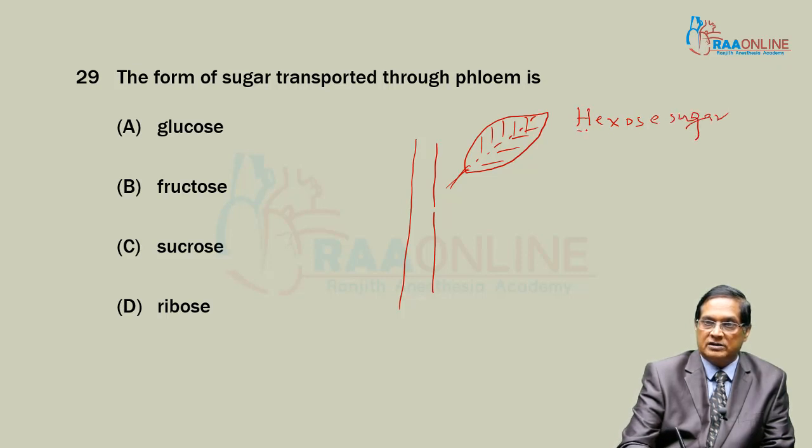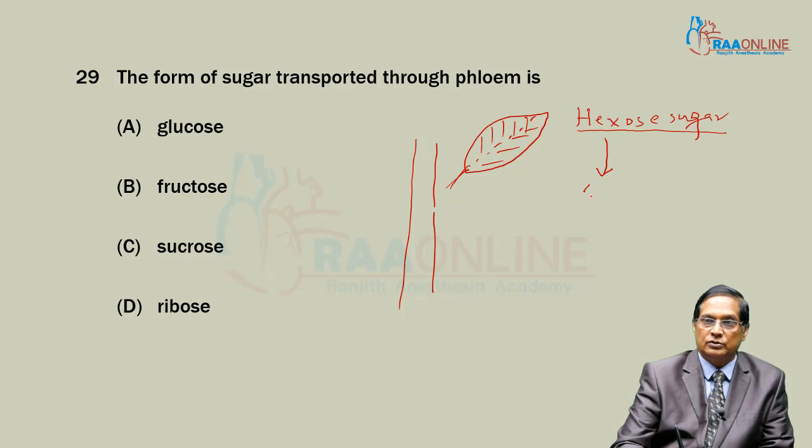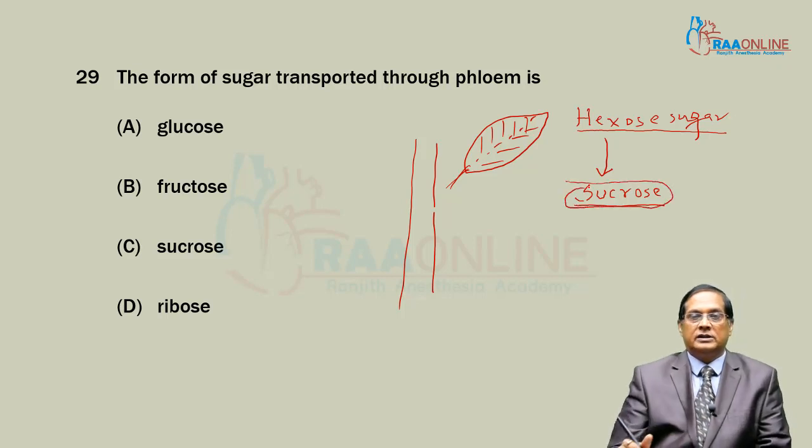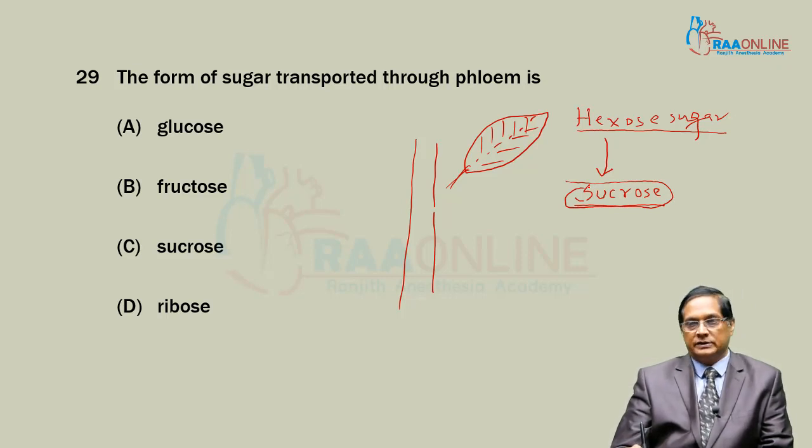But this is not the translocable form. These are transformed into sucrose, that is a disaccharide, and it is a translocable form of sugar.